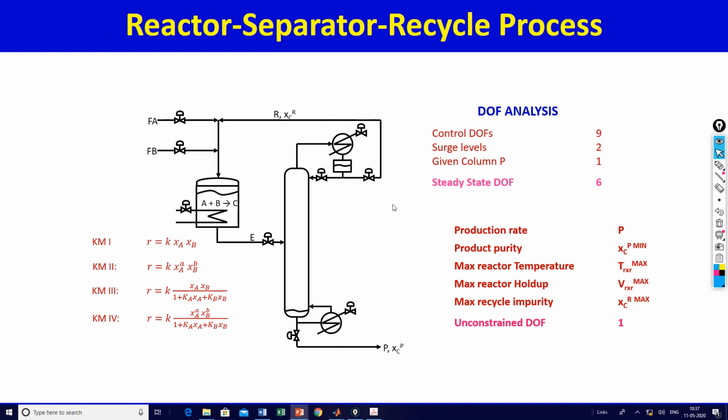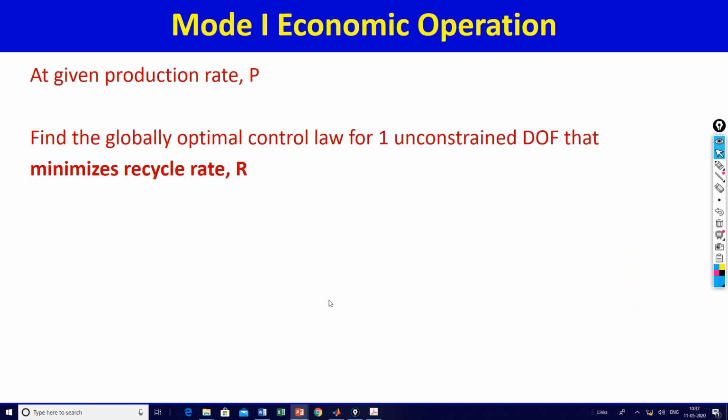So if the recycle is minimized, hopefully the reboiler duty must also be getting minimized, if not exactly minimized, nearly minimized. So the idea is to minimize recycle rate, and recycle rate is a surrogate or a substitute for column boil-up or column reboiler duty. And reboiler duty is you're buying steam and you're paying for the steam. So why are we minimizing recycle rate? That's because we can get some very clean optimal operating policies by minimizing the recycle rate.